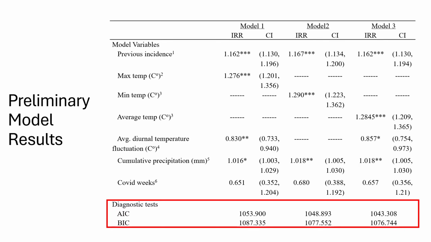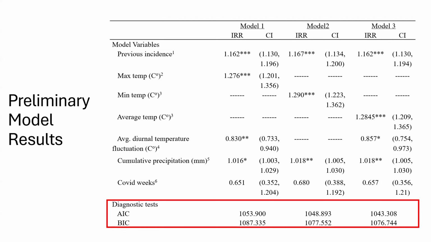And so when we're comparing these metrics for our three models, we found that model three, our average temperature, had the lowest numbers and showed that it probably fit the data the best currently with what we're running. And this model included previous incidents, average temperature, average diurnal temperature fluctuation, cumulative precipitation, and COVID.